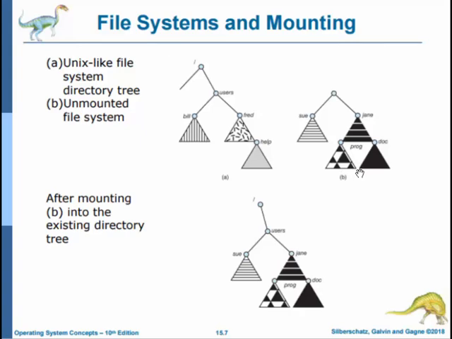This is an example of the Unix file system directory tree, while B is the unmounted file system and C is the illustration after mounting, where we can see the existing directory tree.